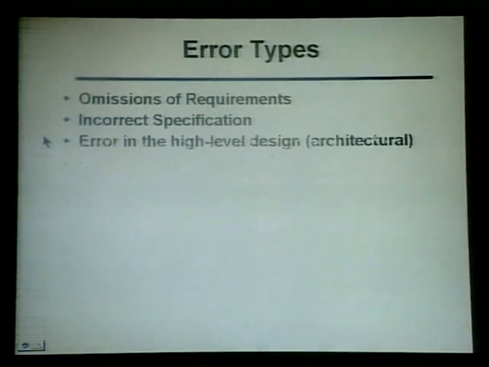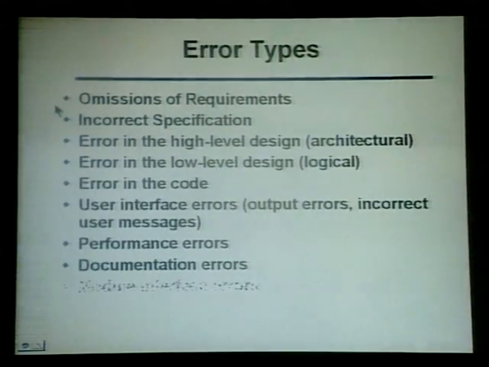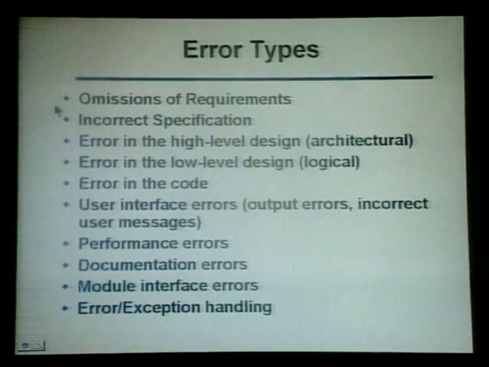The types of error which can result in failure of a software include omission of requirements. That means some of the requirements have not been implemented by the programmer or in the design. Incorrect specification, which might have been obtained during the analysis or the design phase, and has been wrongly implemented.